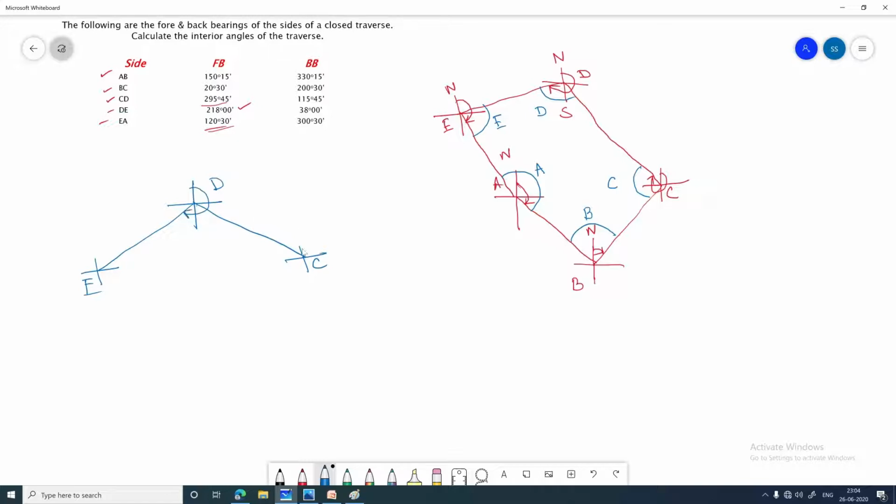This angle I have, this angle is also known, and this one is the back bearing of DE, so 38 degree. The forward bearing of DE is 218 degree, 218 degree 0 minutes.